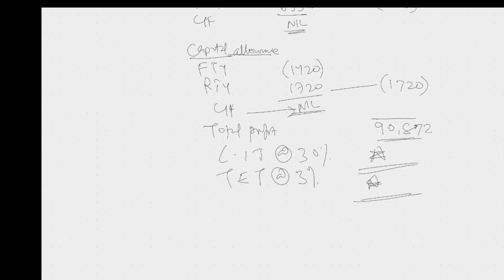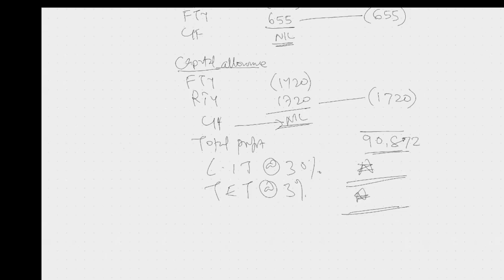So what do we have? CIT is 27,261.6. That is 27,262.